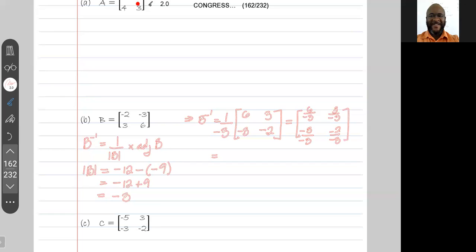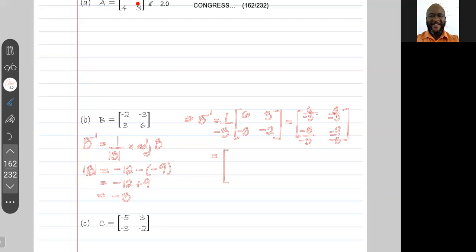We're multiplying a matrix by a number. Whenever you multiply a matrix by a number, you simply multiply every element in the matrix by that number.